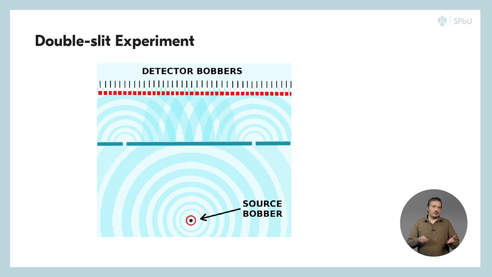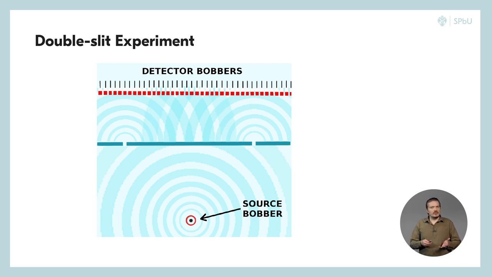And instead of the machine gun, we are going to have some source of water waves, an oscillating bobber. We will make this source bobber oscillate with some frequency. It will produce waves of the same frequency, and these waves are going to reach the screen with the slits.